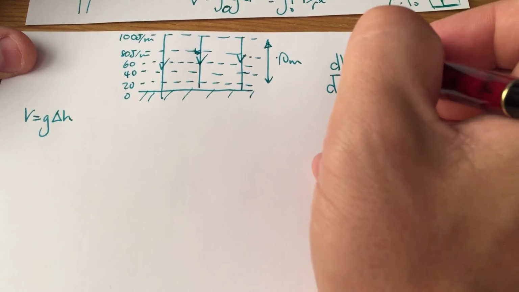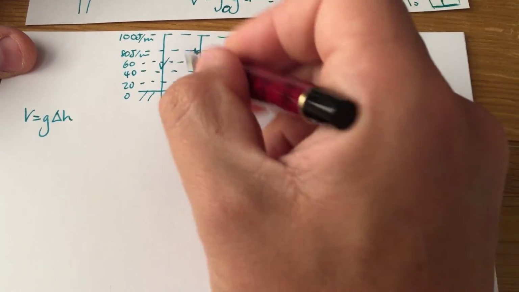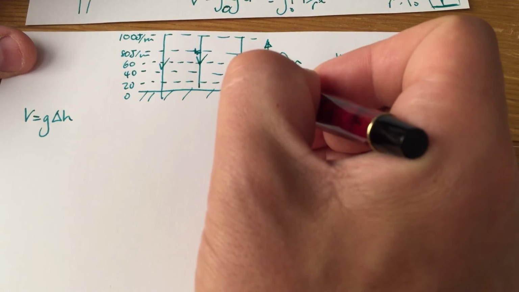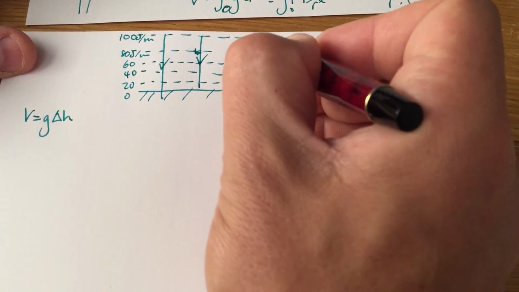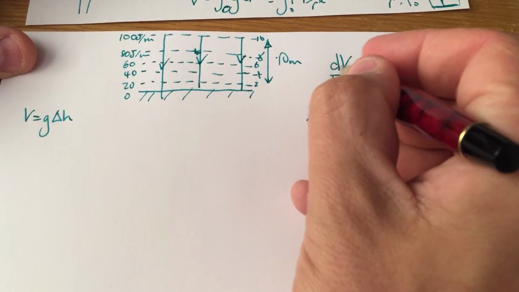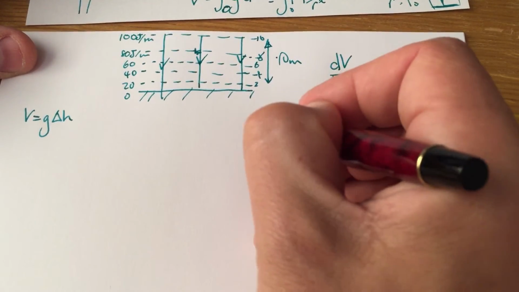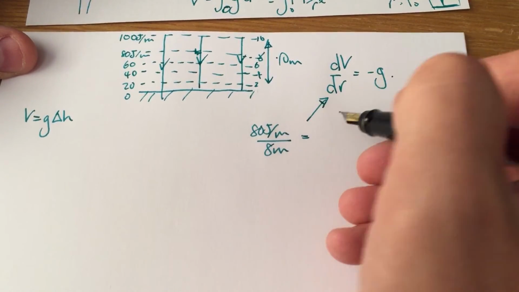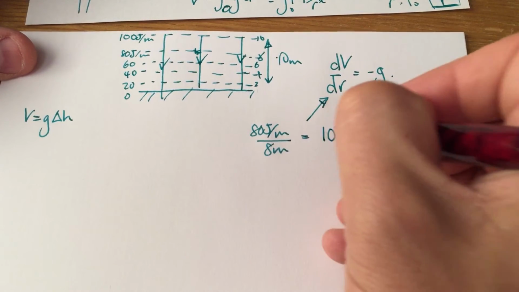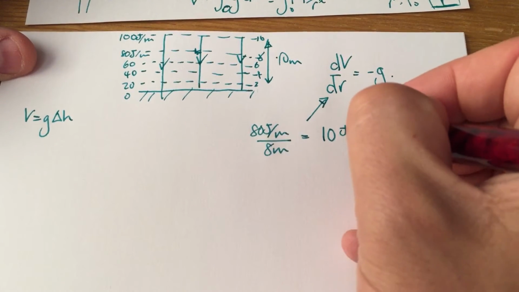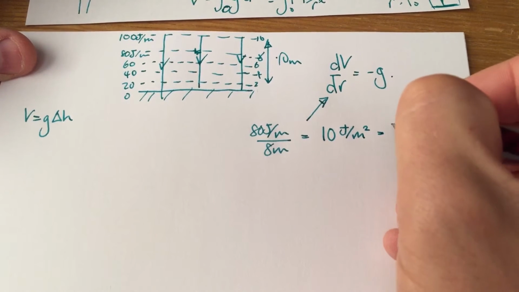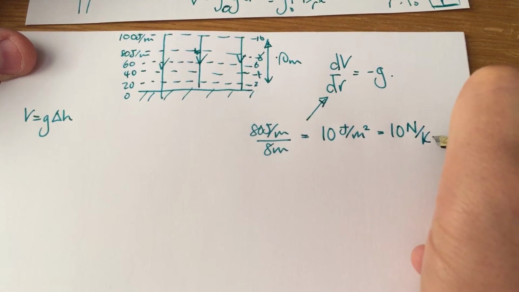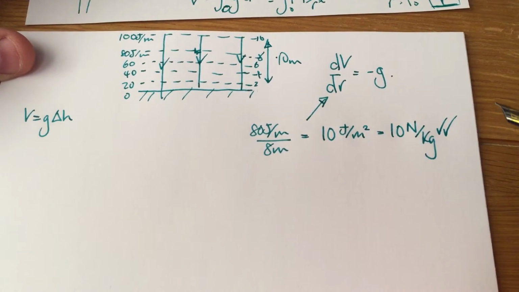Now, another way of writing this would be to actually take the numbers. If that's 10 meters, each one of these is 2 meters: 2, 4, 6, 8, 10. Let's go through a change in potential of 80 joules per kilogram, and that has occurred in 8 meters. So what does that give us? That gives us 10 joules per kilogram per meter, which is the same as saying 10 newtons per kilogram. In other words, it's g on Earth.